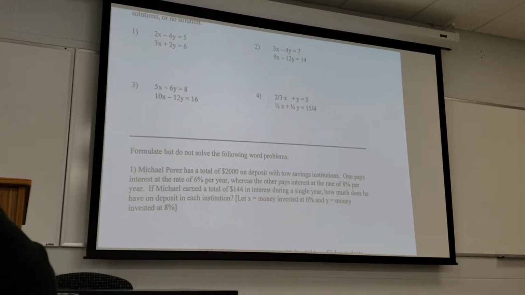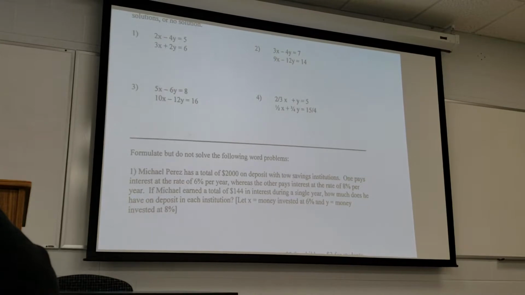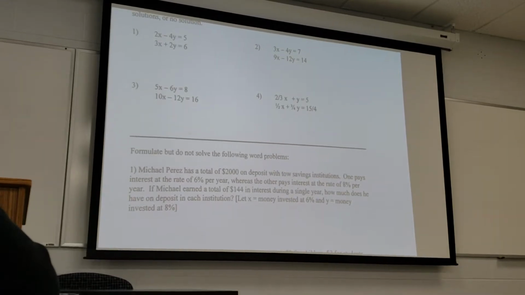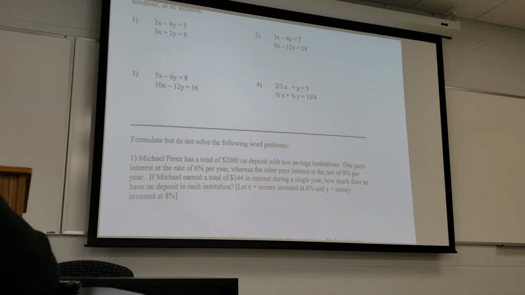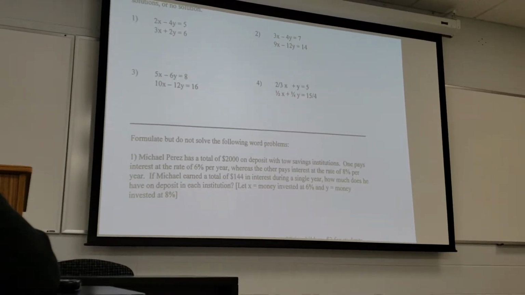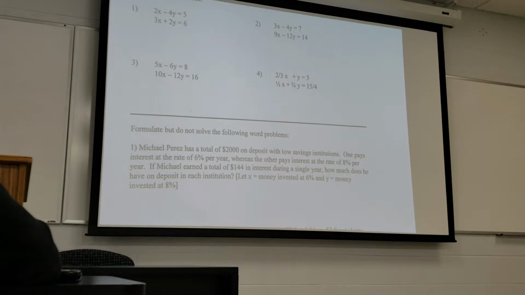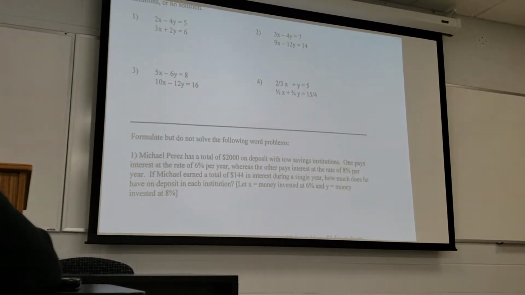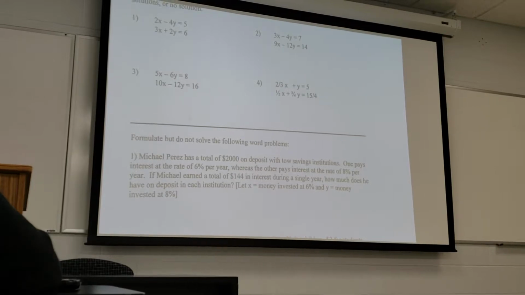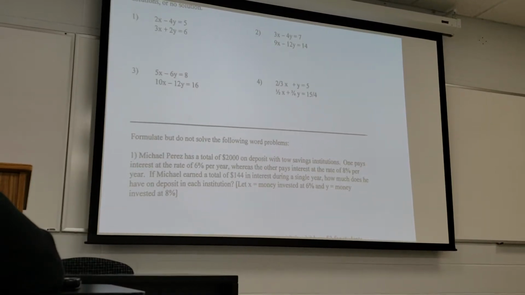For the first one, if I was solving it, I have 2x minus 4y equal to 5 and 3x plus 2y equals 6. Is one of the variables a positive and a negative? Yes, it's the y.